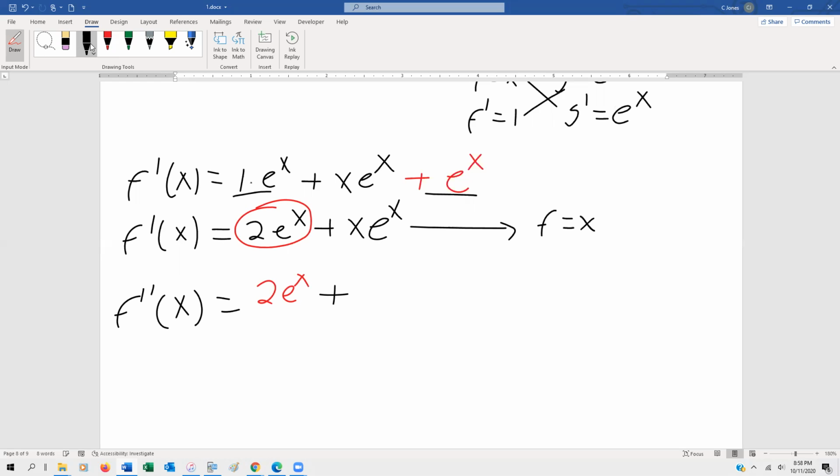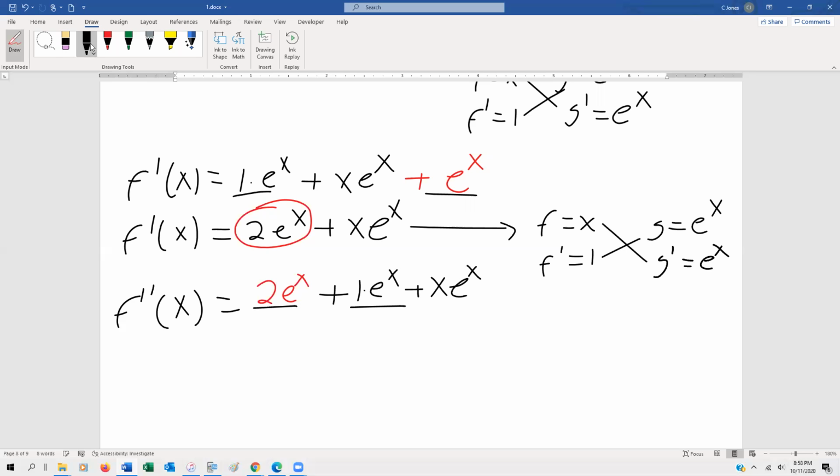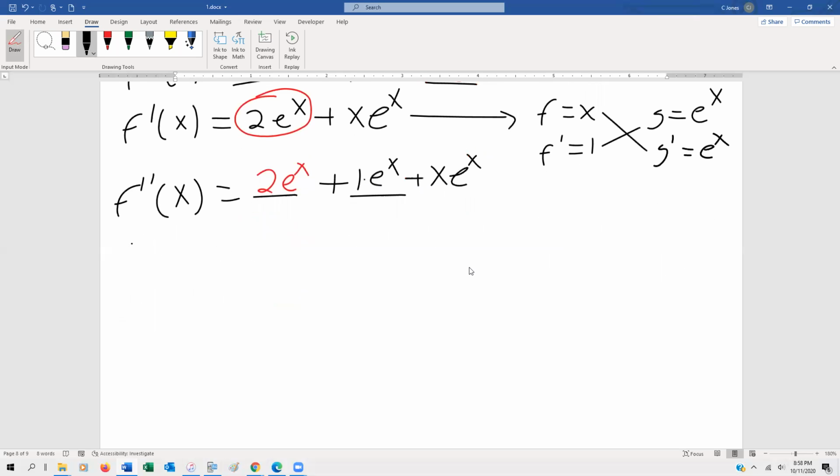So f is x, g is e to the x, and just like a moment ago, we get 1 and e to the x as the respective derivatives of the factors. f prime g plus f g prime is 1 e to the x plus x e to the x. Notice that we have 2e to the x and 1 e to the x, so finally, our second derivative is 3e to the x plus x e to the x.